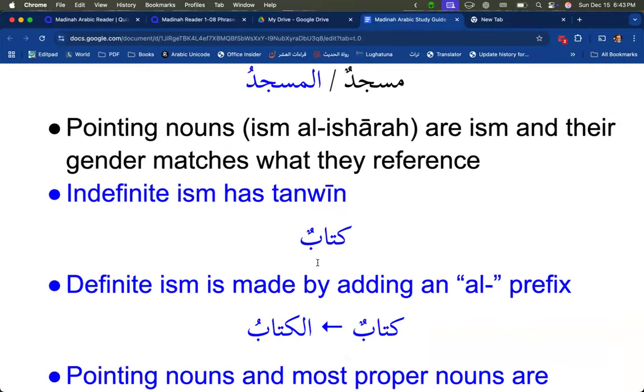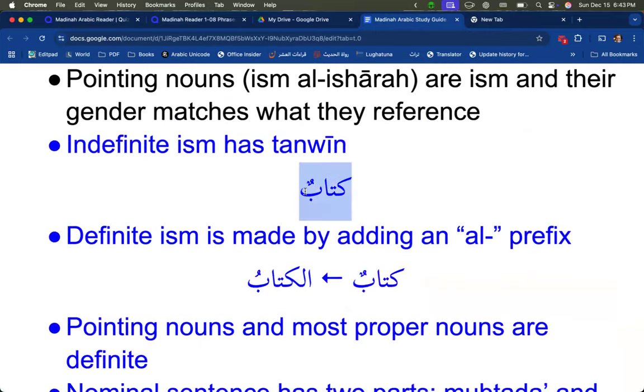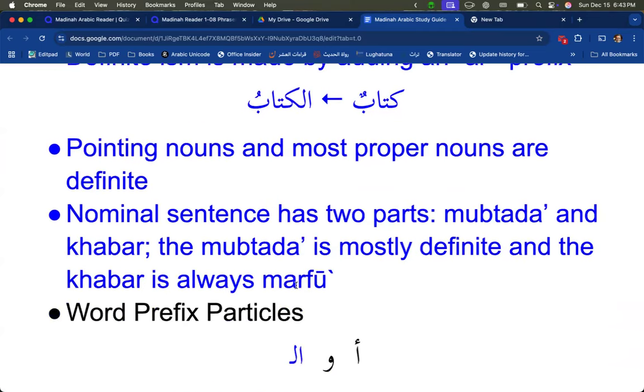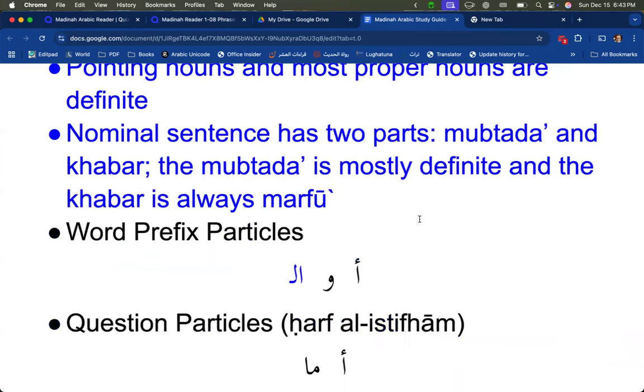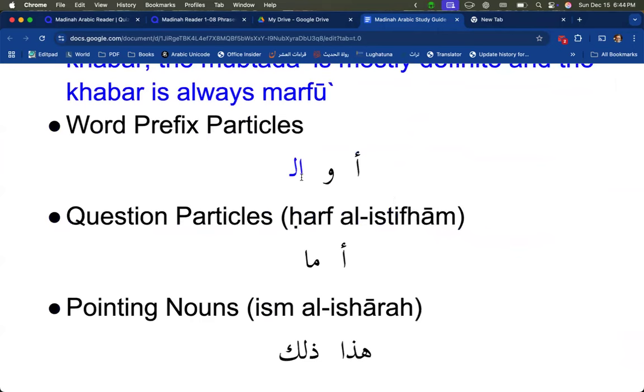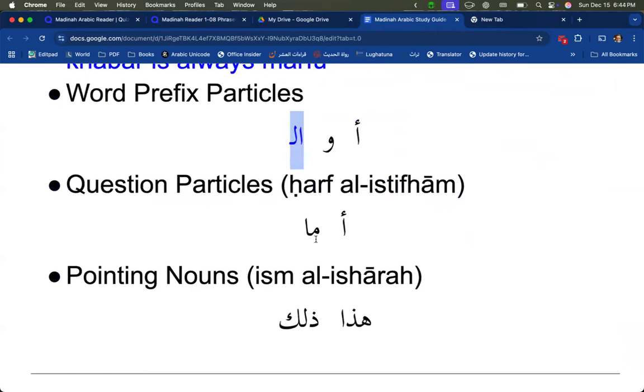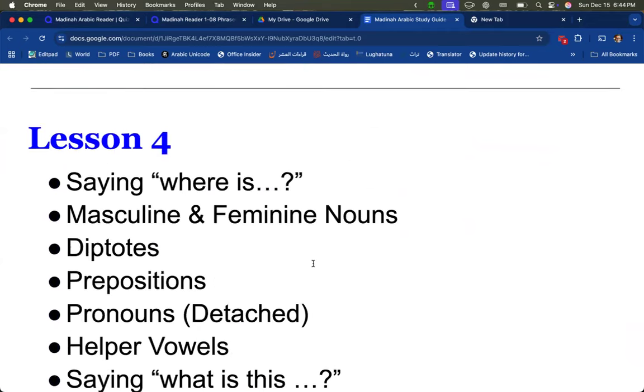Then we learned that kitabun is indefinite, meaning a single book, and al-kitabu is the book. We learned about the mubtada and the khabar. The only new prefix we learned in lesson 3 is al. That was lesson 3.